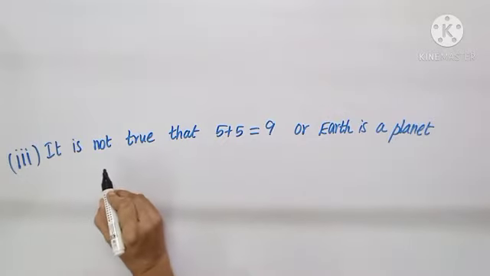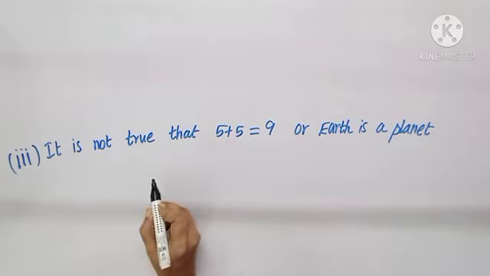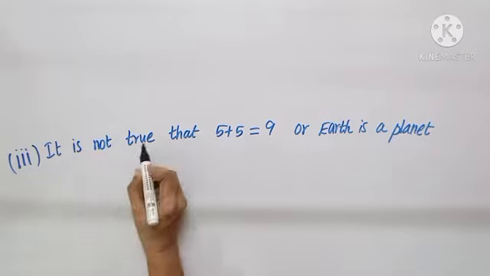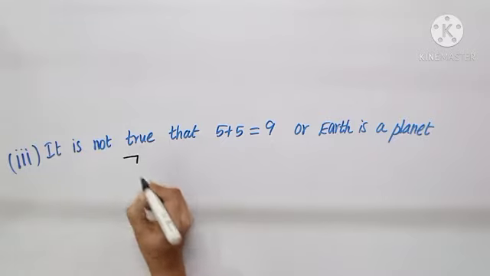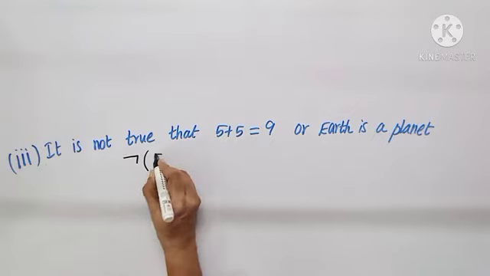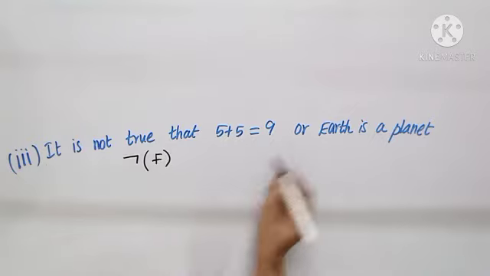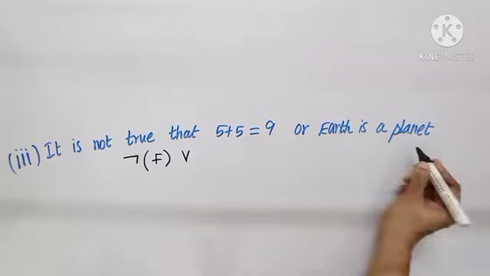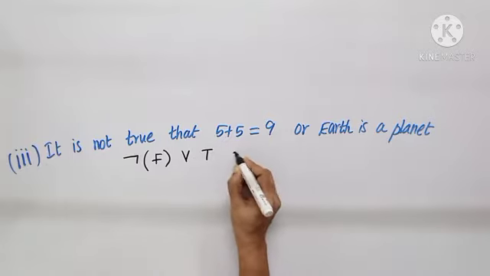The third subsection can also be written like this. It is not true tells us not. 5 plus 5 equal to 9 is a false statement. Or Earth is a planet, which is a true statement.